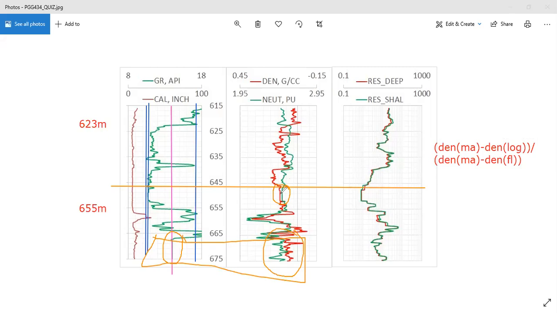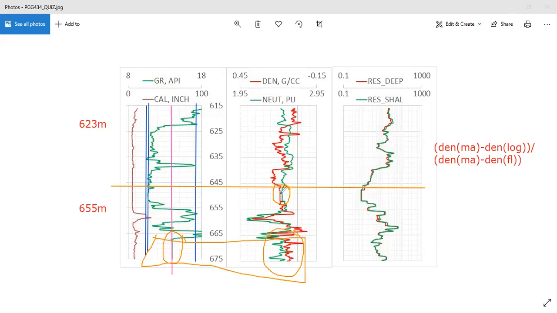If you take the density in red and read off the density value, remember that this is 1.95, then this is, I think, 1.95 minus this. So it's 0.1. So this is 2.05, 2.15, 2.25, 2.35, isn't it? 2.45.